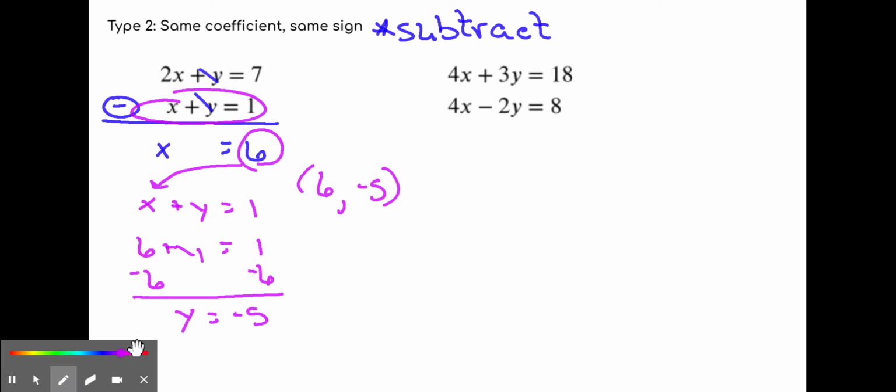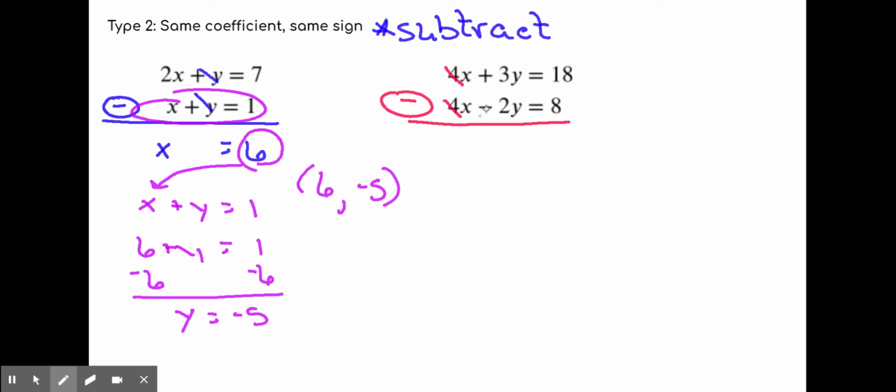Okay, next one. 4x plus 3y equals 18, and 4x minus 2y equals 8. Notice my 4's here. Same number, same sign. When it's the same coefficient, same sign, I subtract the two equations. So 4x minus 4x is 0. x was eliminated. 3y, this is where you've got to be careful. 3y minus a -2y.